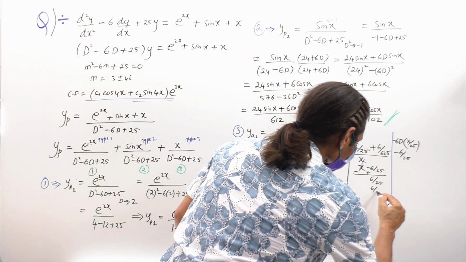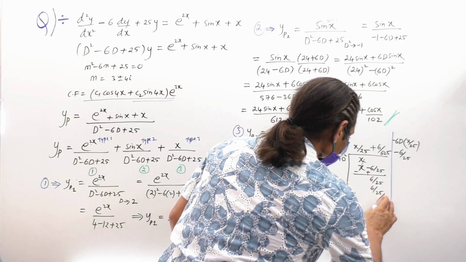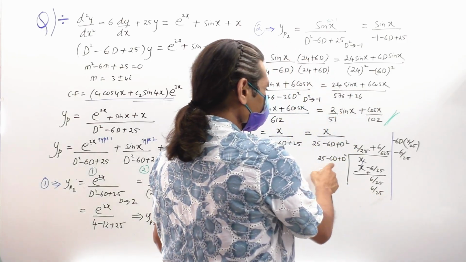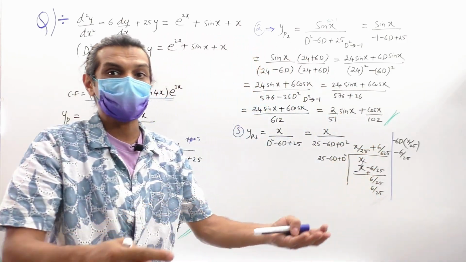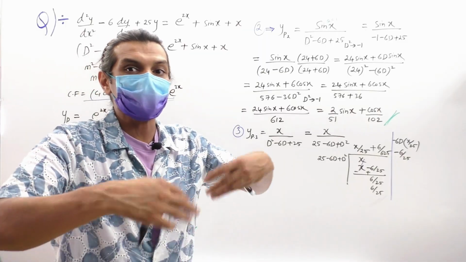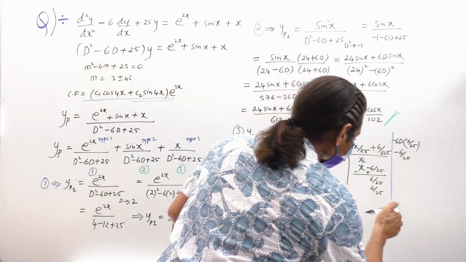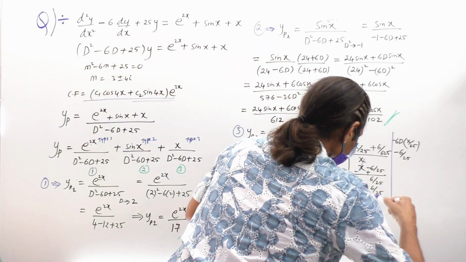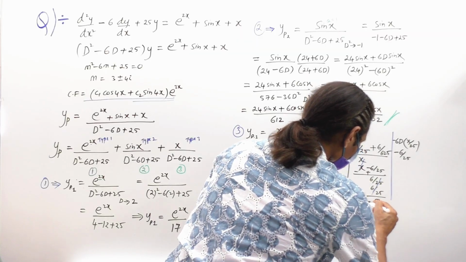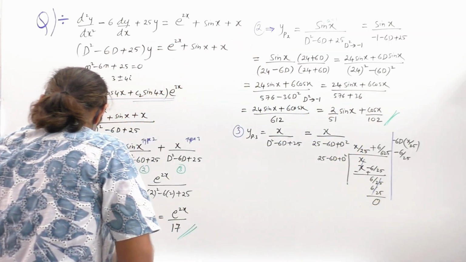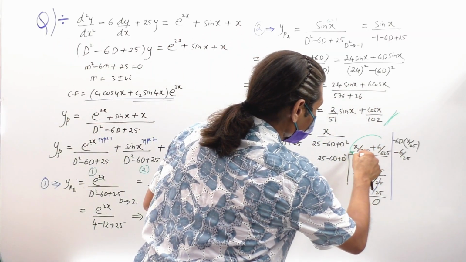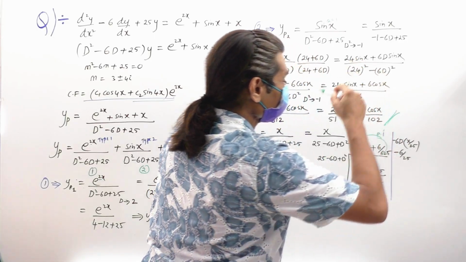Again 6 by 25 cancels. If I multiply 6d into 6 by 625 it is 0, because the differential of a constant is 0. So we cannot go further than that, and the remainder is 0. Done. Whatever we get here, the quotient, is the particular integral in type 3.